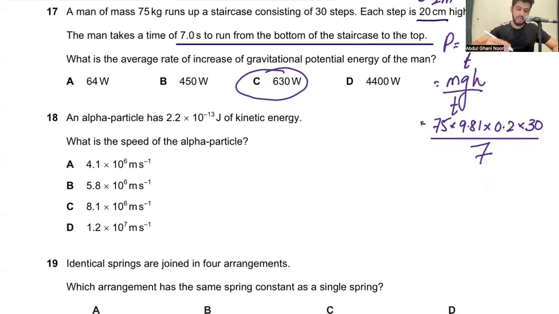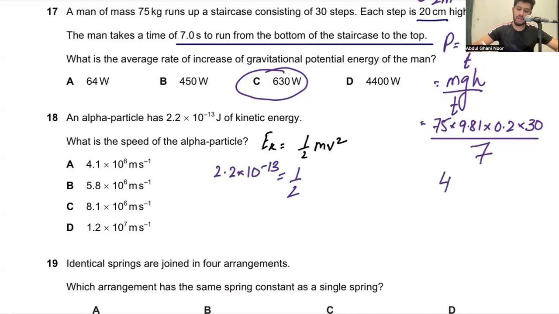Question number 18 says an alpha particle has 2.2 into 10 to the power minus 13 joules of kinetic energy. What is the speed of the alpha particle? So the formula for kinetic energy is half mv squared. Can somebody tell me the mass of an alpha particle? What is the mass of an alpha particle? 2.2 into 10 to the power minus 13 is equals to half.